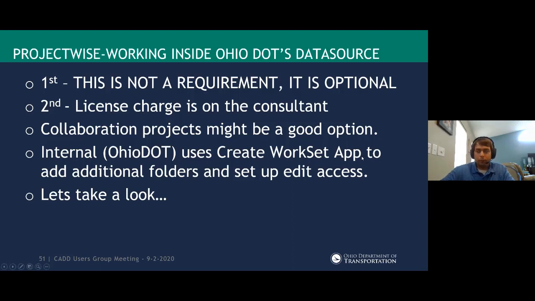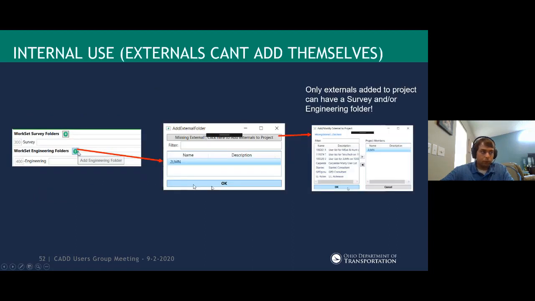So how do we add the consultant to have edit access? Again, we're going to use that create workset app, and it's going to be internal only. If you're running this internally, when you go to add an additional engineering or survey folder, you're going to get this dialog, and it's only going to show consultants that have been added to this project.